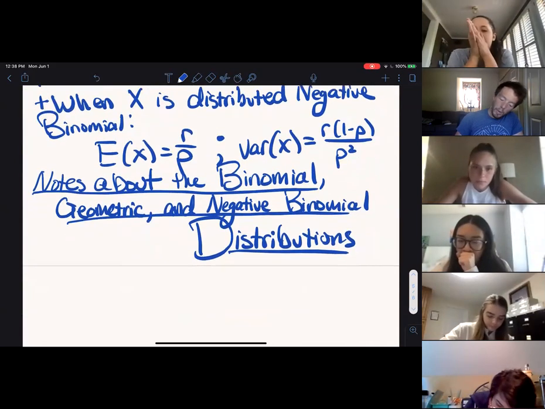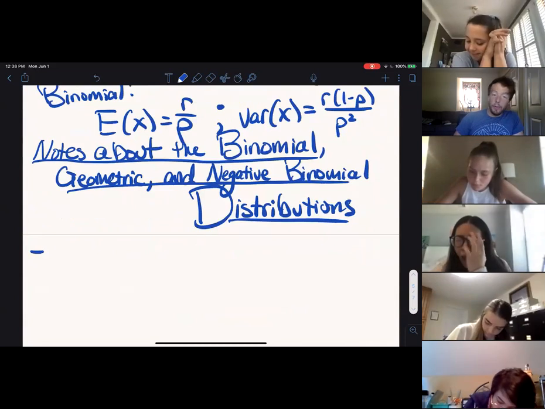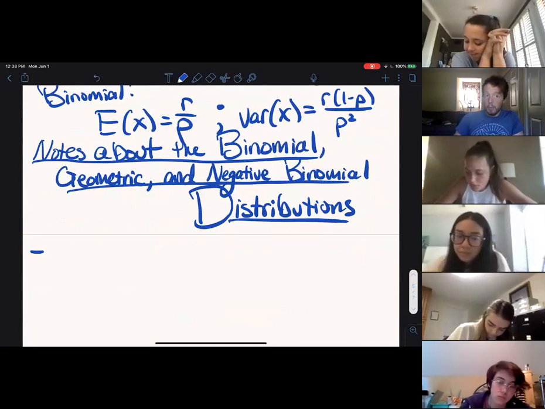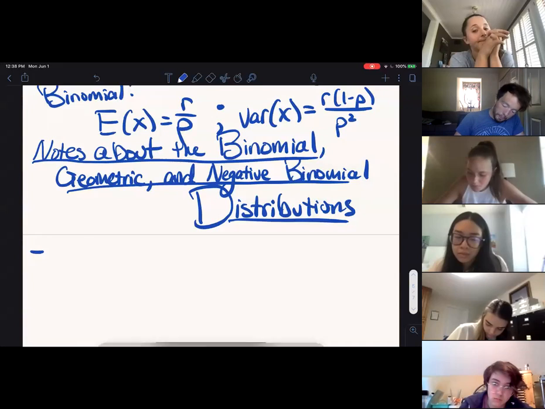Okay. So there are certain things that all three of these particular discrete probability distributions have in common.